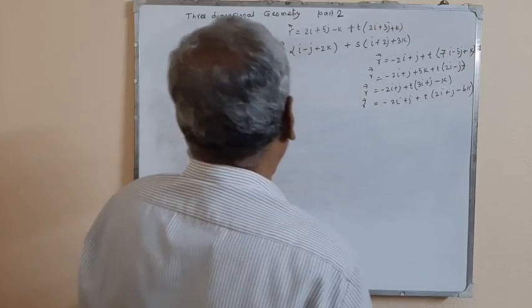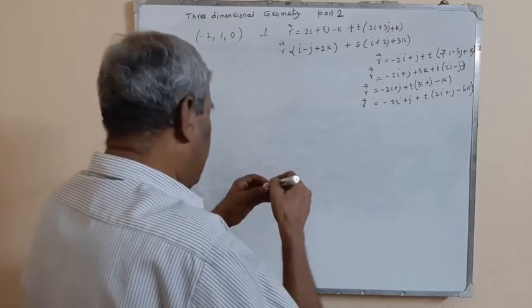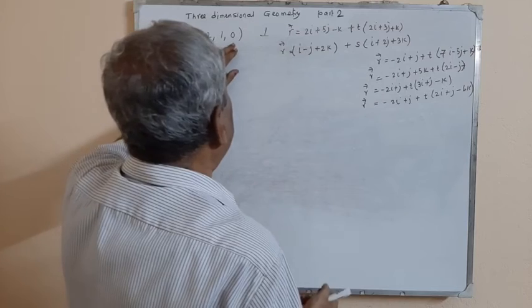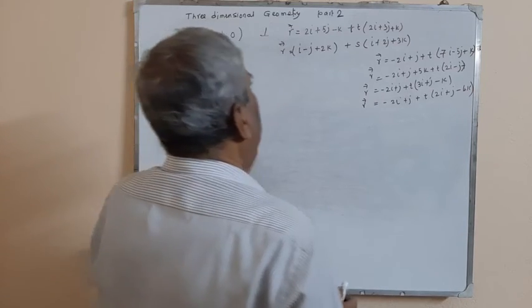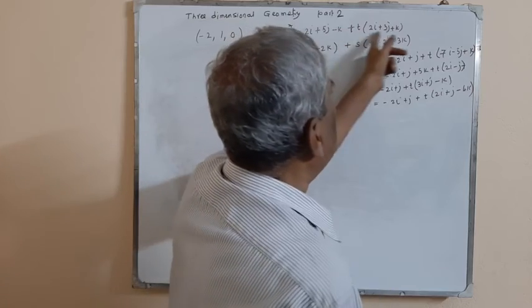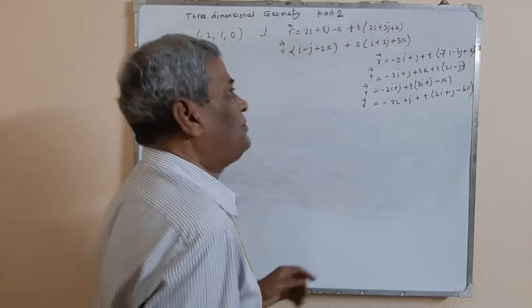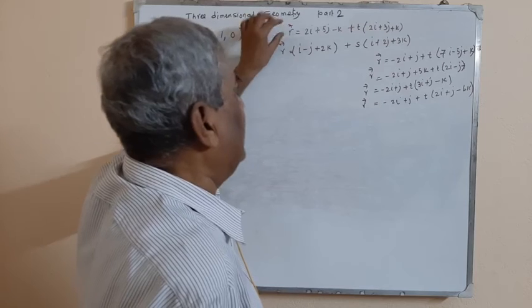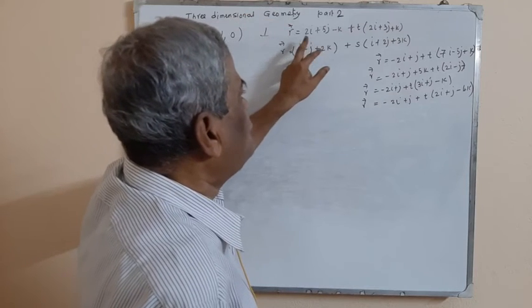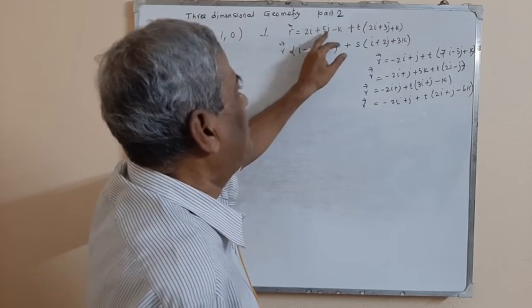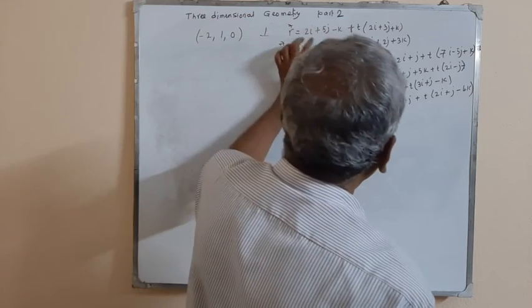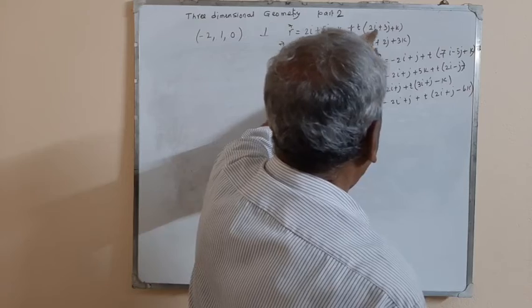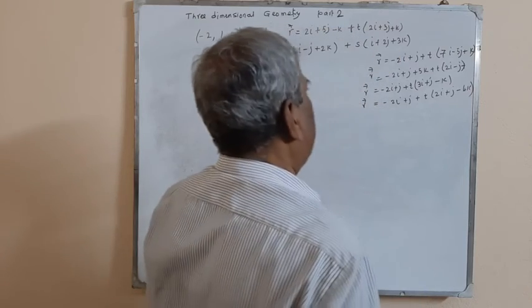I repeat the problem. A straight line passes through this point, and the straight line is perpendicular to this line and that line also. The first line passes through the point 2, 5, minus 1 and is parallel to 2i plus 3j plus k vector.